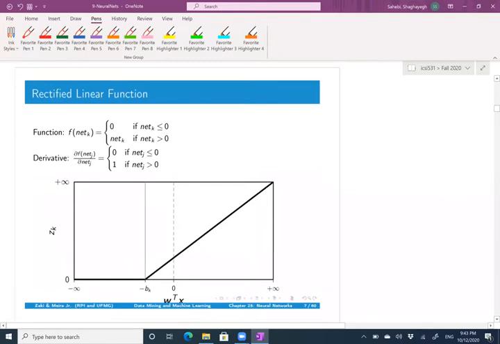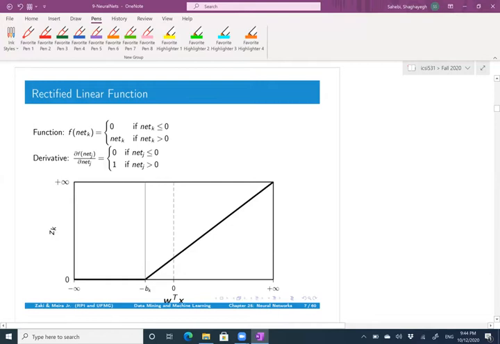Another activation function that is used a lot is the rectified linear function, or ReLU. ReLU is also kind of disjoint at some point, but what it does is that if net sub k, the linear combination that you are calculating, is positive, it works similar to a linear identity function. So if net k is positive, the value of this function is going to be equal to net k.